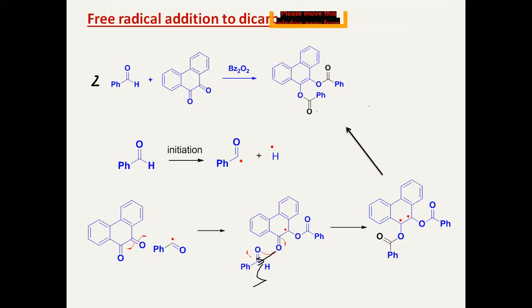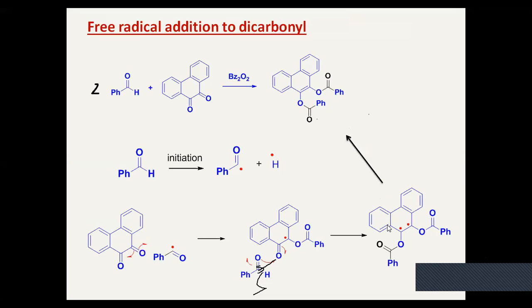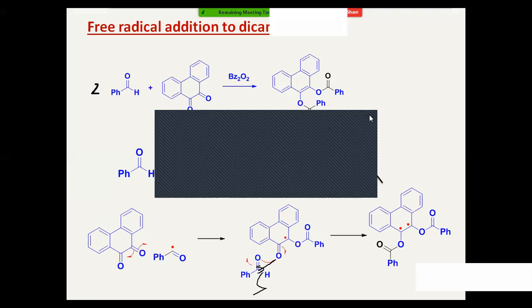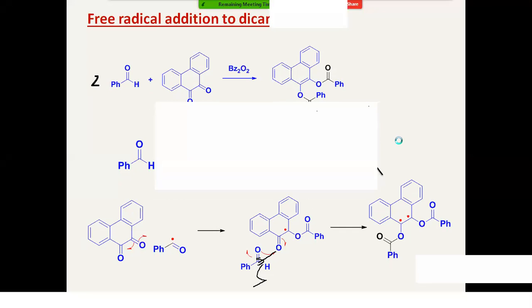So this is another example of addition to double bonds, multiple bonds, which is initiated by a free radical mechanism of radical formation.